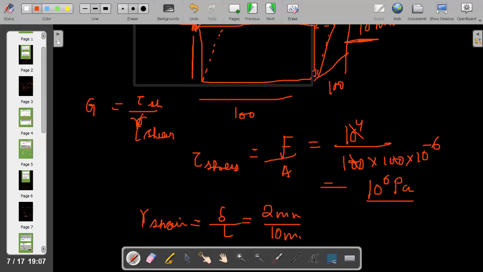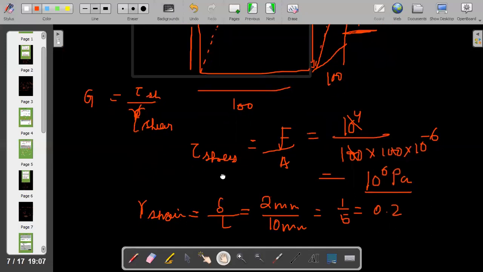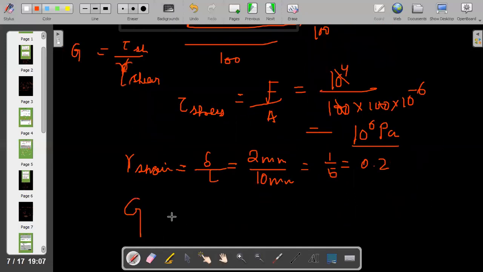Both are in mm, so 2 by 10 is 0.2. Now what will be the G value? 10 to the power 6 divided by 0.2, which is 5 into 10 to the power 6.